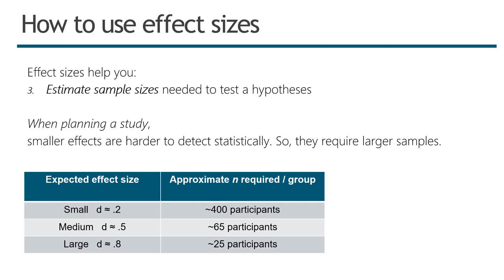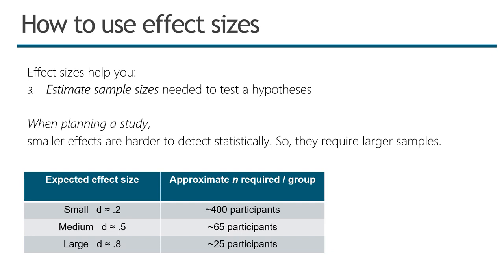Now, how do you know what effect size you're looking for? Often you don't know, but sometimes you can know by reading the literature. If you're designing a study that is similar to a study that's done in the literature, that would be a good guess at the effect size you might anticipate.